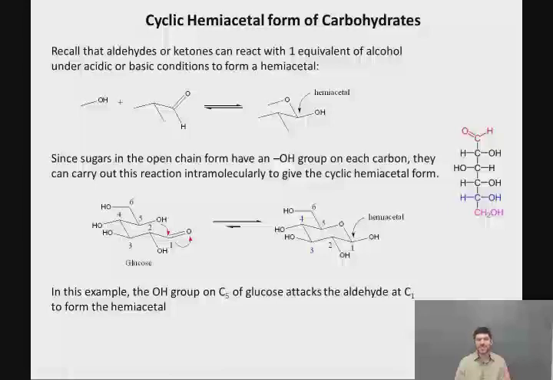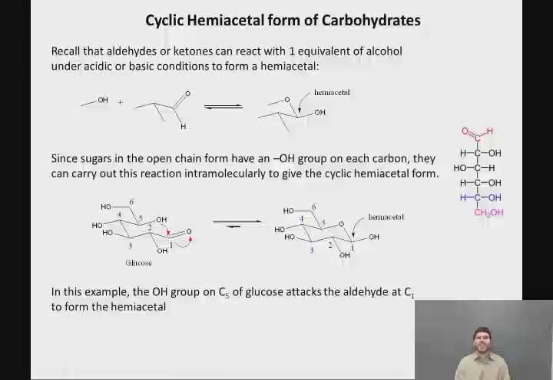The stereochemistry is such that all of those non-hydrogen atoms on carbons 2, 3, 4, and 5 can occupy equatorial positions once we form a six-membered ring. So you see how it is primed to do the ring closure and form the six-membered ring. I have a couple arrows drawn just showing the formation of the oxygen-carbon bond and the cleavage of one of the carbon-oxygen bonds of the aldehyde.